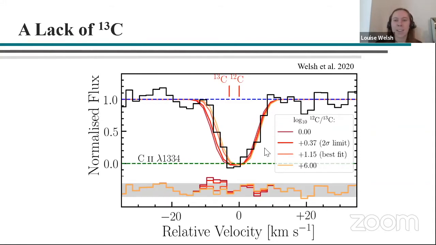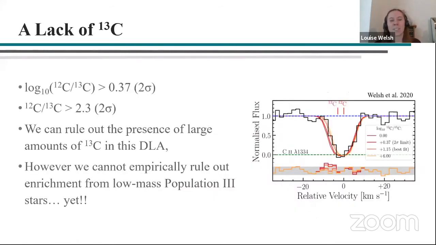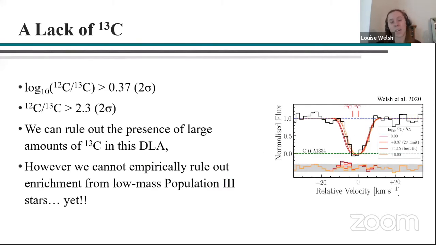And this bright red line here that falls at the very edge of the data corresponds to our 2 sigma limit. So we've found that we can confidently rule out the presence of large amounts of carbon-13 in this system. But given this limit, we can't empirically rule out enrichment from low mass population 3 stars as of yet.